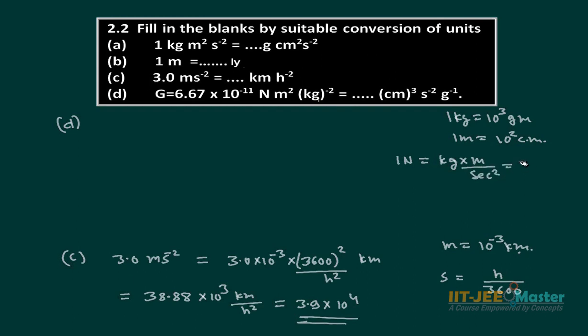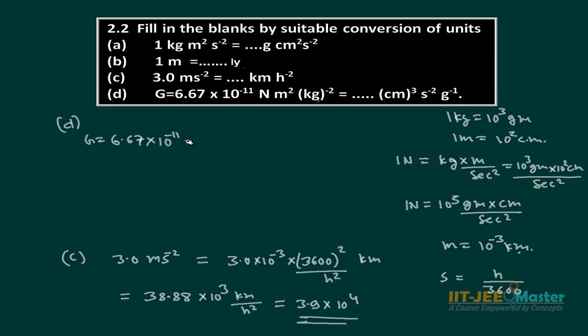So it will be 10 to the power 3 gram into 10 to the power 2 centimeter per second square. That is 1 Newton will be equal to 10 to the power 5 gram centimeter divided by second square.